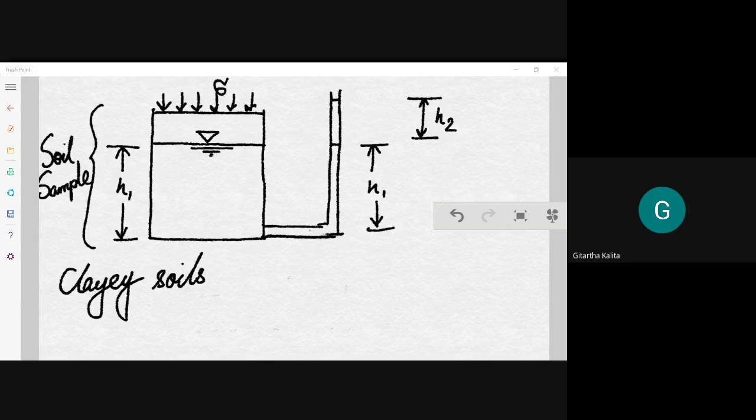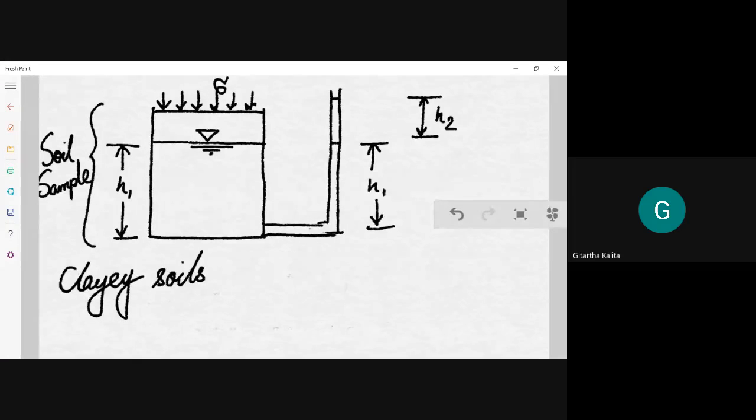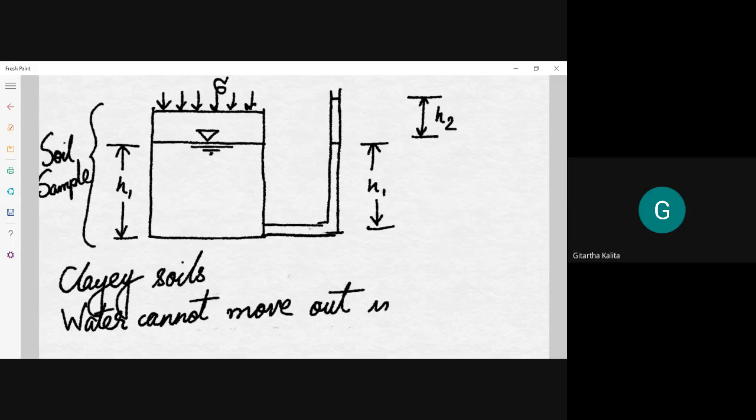But in clay soil, the water cannot move out at an instant, because the permeability of clay soil is very low. So water cannot move out instantly, unlike sands. I'm giving the example of sands.